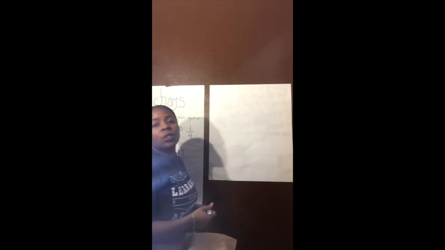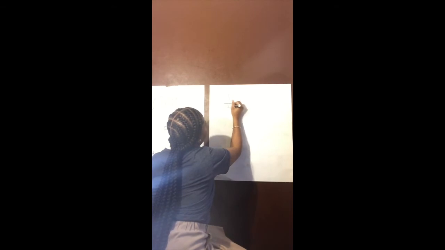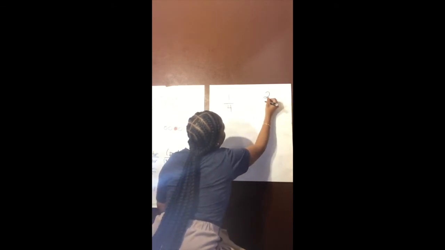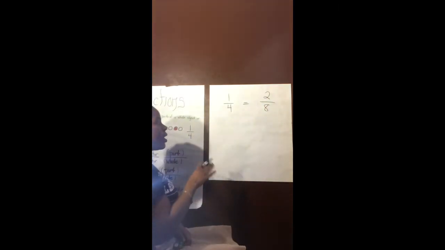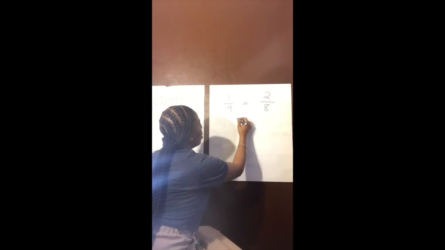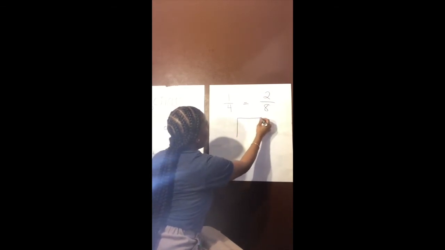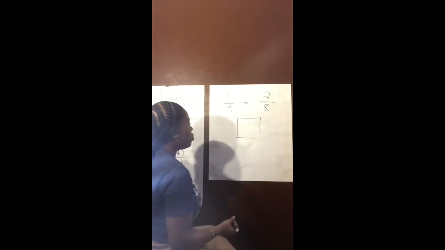Now we're going to work through the same problem another way for a better understanding. So again, we started off with 1/4 and 2/8. And we already know that 1/4 and 2/8 are equivalent to one another. So I'll just keep that right there. Now, this time I'm going to start with 1 whole. And I'm going to break our 1 whole down into fourths.